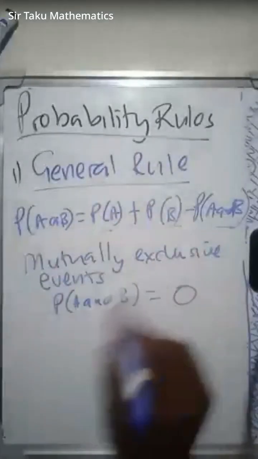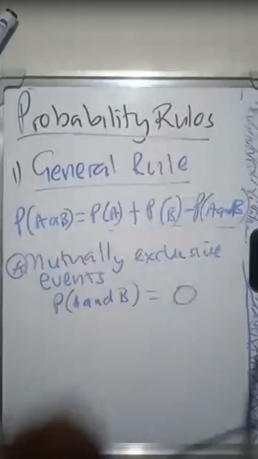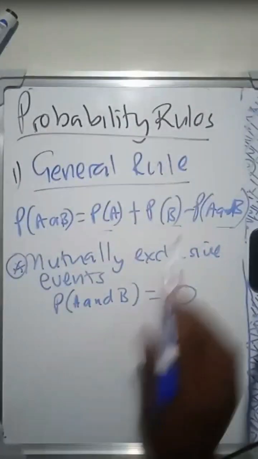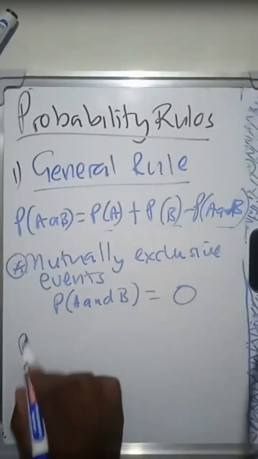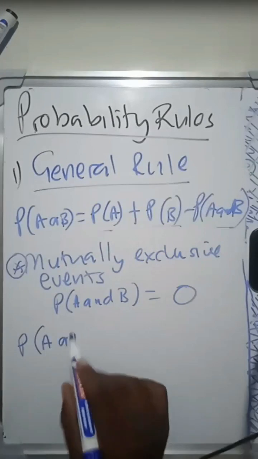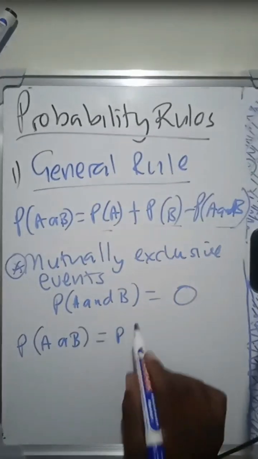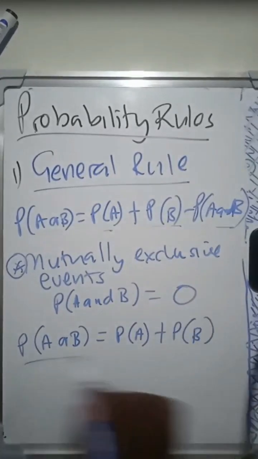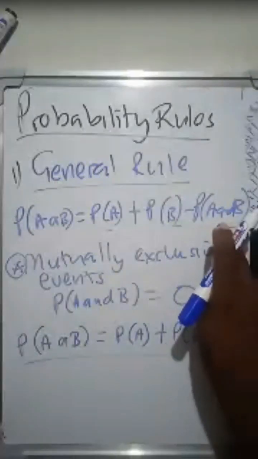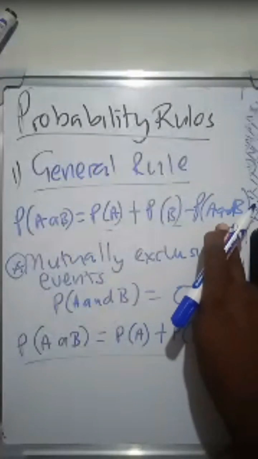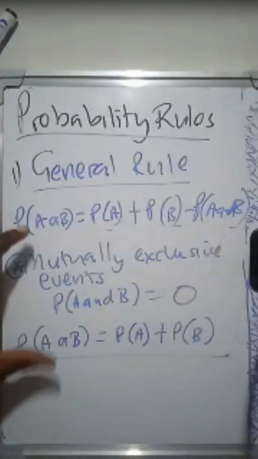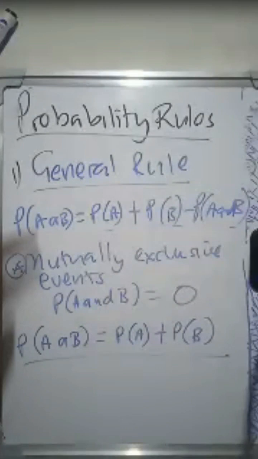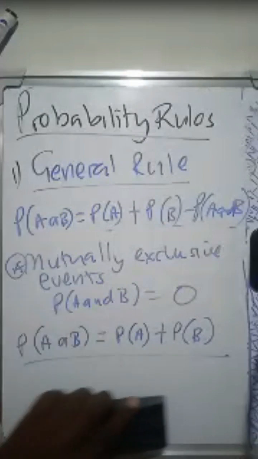Hence, if they say the events are mutually exclusive, then the general rule is probability of A or B is just equal to probability of A plus probability of B, because we no longer have this one for mutually exclusive events. So that is another part of the general rule, on the mutually exclusive events. Okay, so another rule, let's go to number 2.